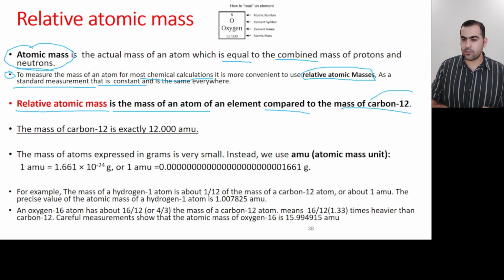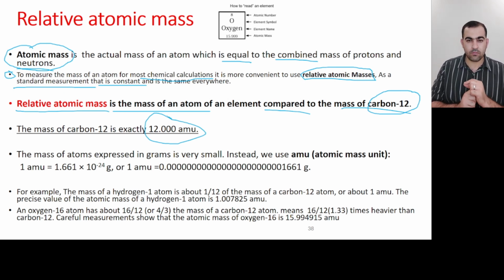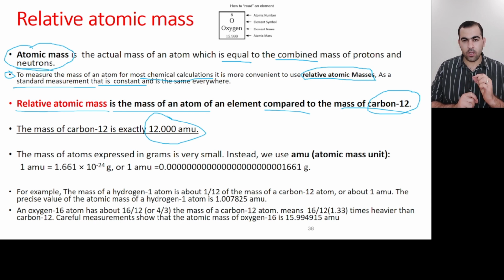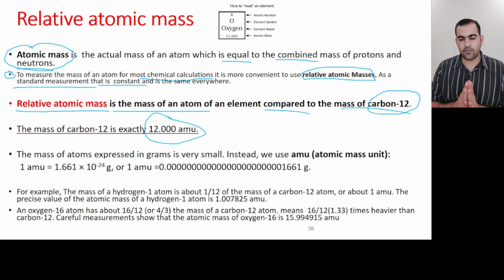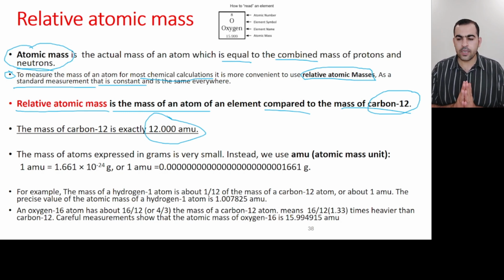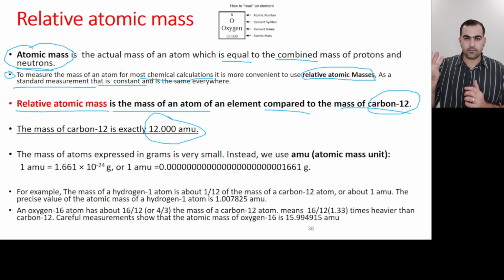When they measured the mass of carbon-12, it was exactly 12 AMU, not more, not less. So it's a whole number. Why did they choose carbon-12? Because it's stable and its mass is exactly 12 AMU. Okay, we have a standard.